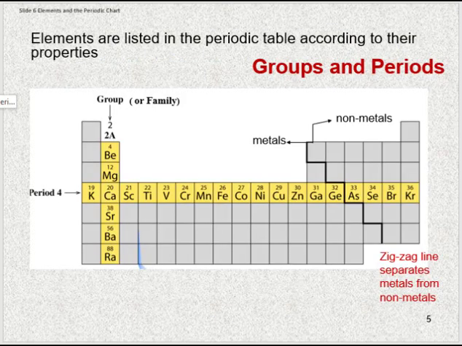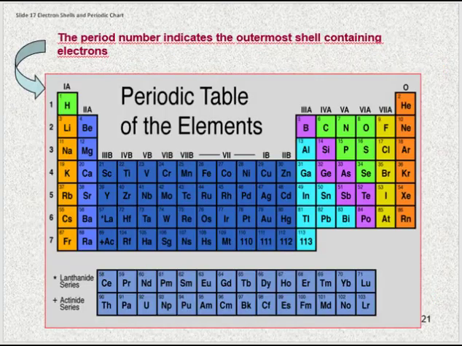Now, the rows on the periodic table are called periods. Periods indicate the number of the outermost shell containing electrons. So these numbers down here indicate the outermost shell containing electrons. And again, the groups across the top tell you the number of valence electrons available.